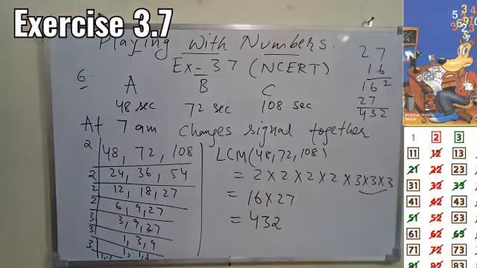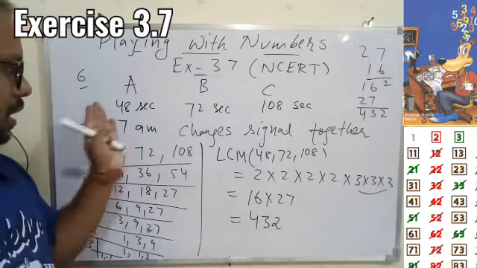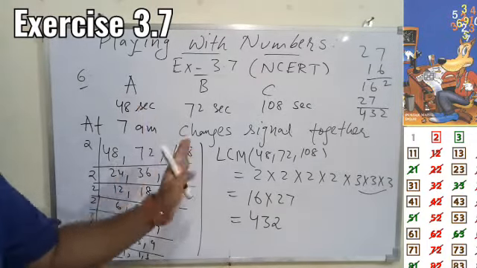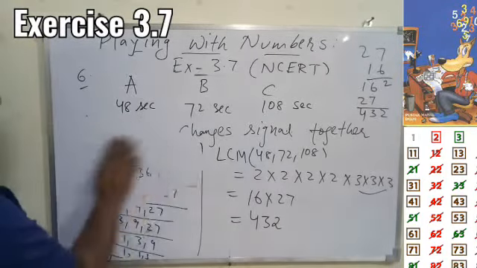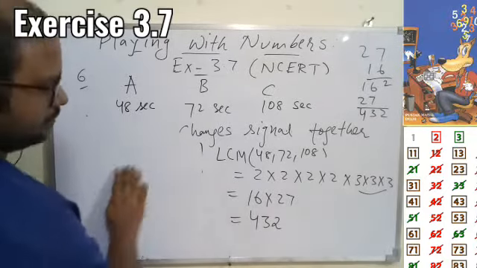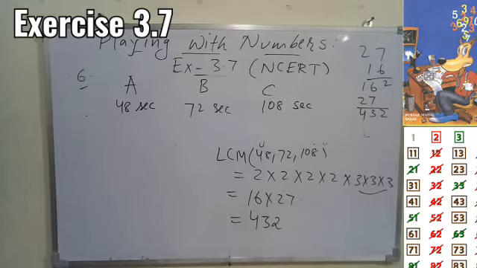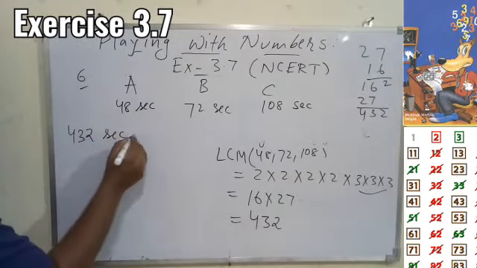So you understood, starting from 7 a.m., after 432 seconds, A, B and C will change their signal together. So let's find the time now. I hope you understand the meaning also. Now we are getting 432 seconds.